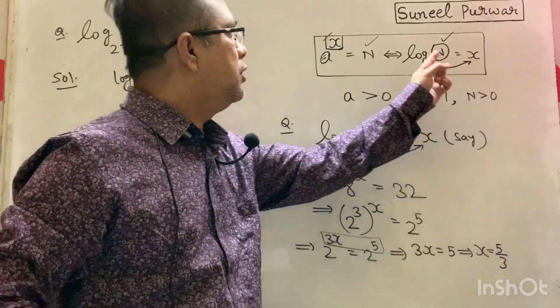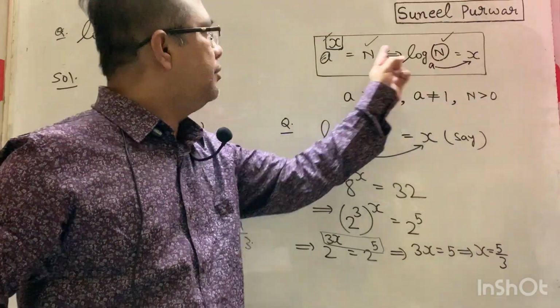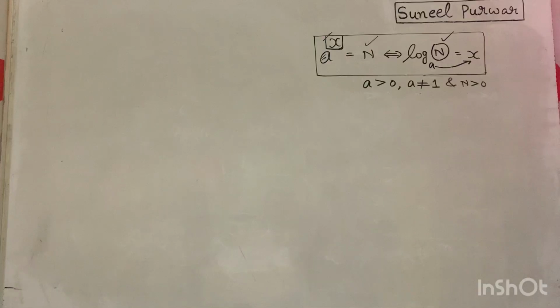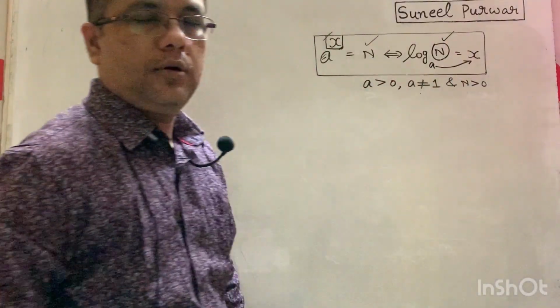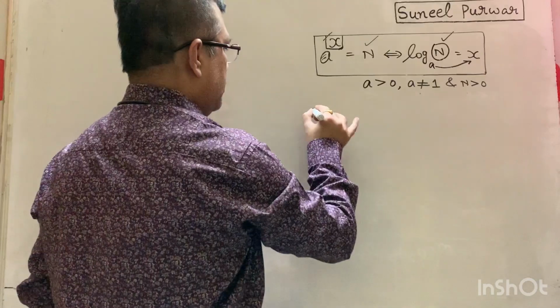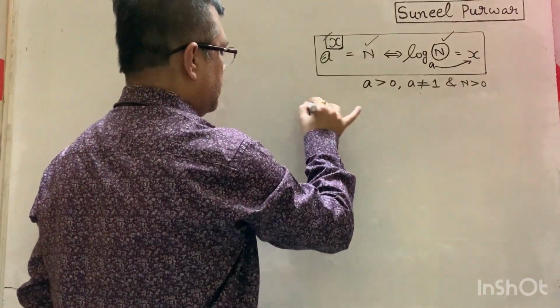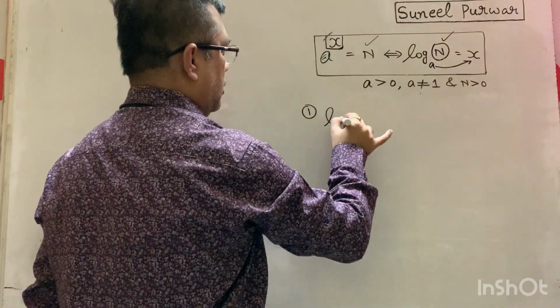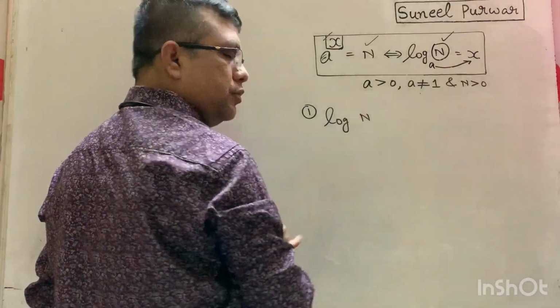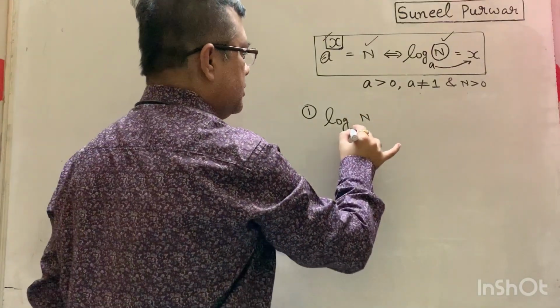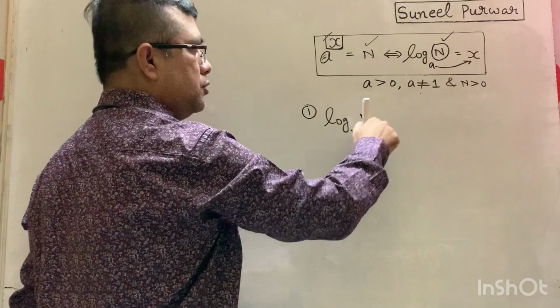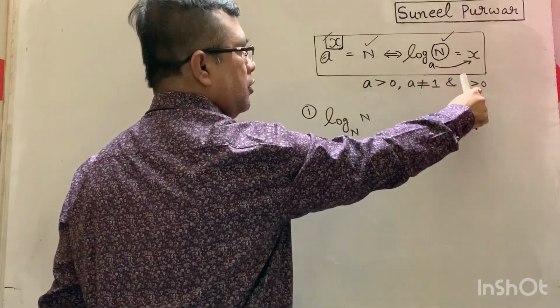A power x equal to this number, n. Now I am listing some very important points related to the logarithms. Number 1, log of a positive number at the same base. Don't forget, we can take log only of positive numbers.